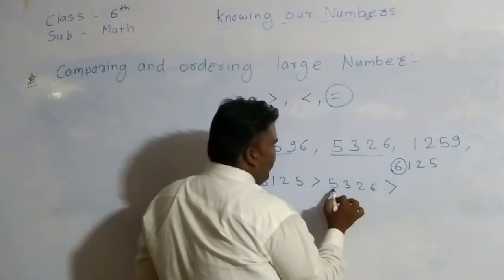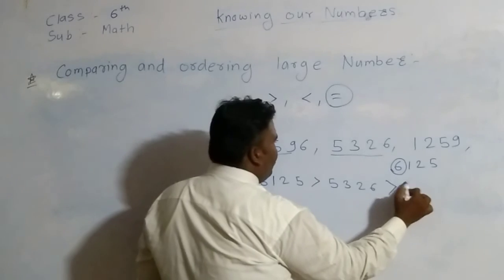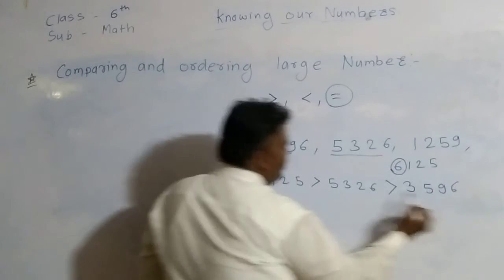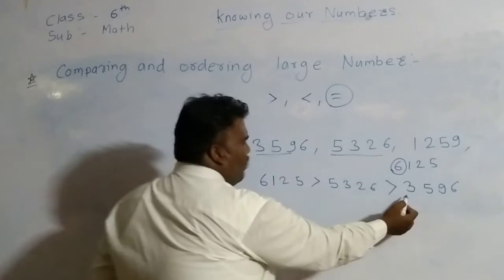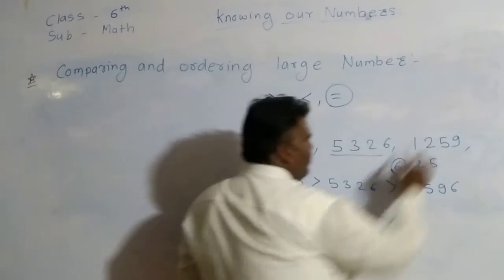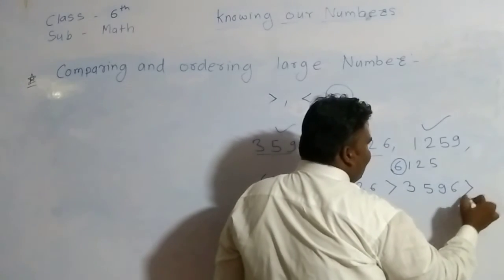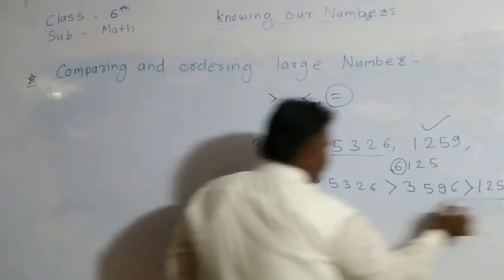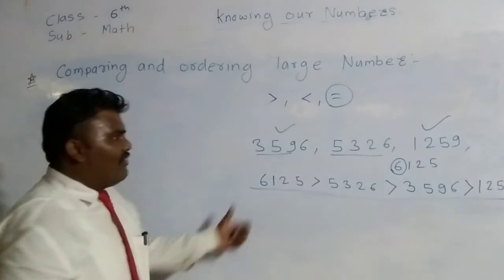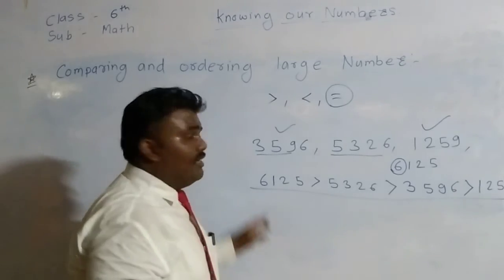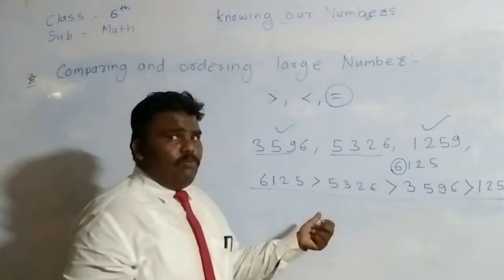So 5,326 is greater than 3,596. And this 3,596 is greater than this one, 1,259. So I write here in order. So dear friends, these are the large numbers which I have ordered here in descending form.